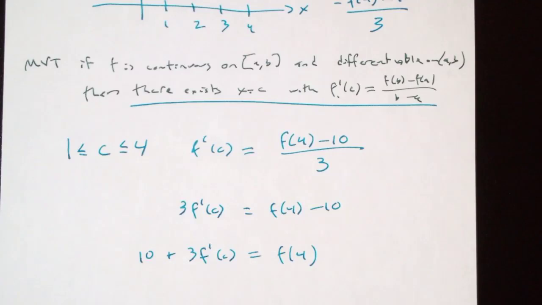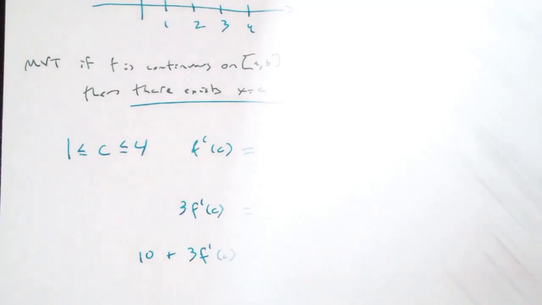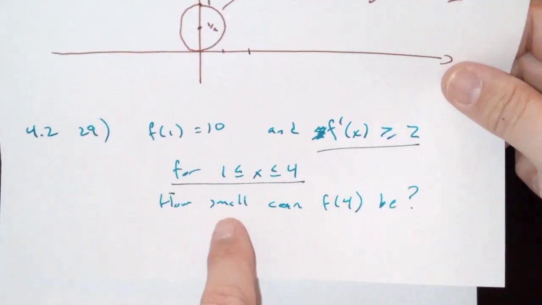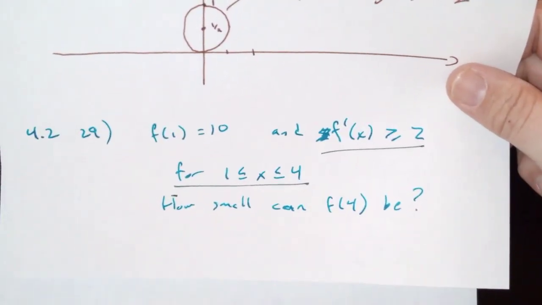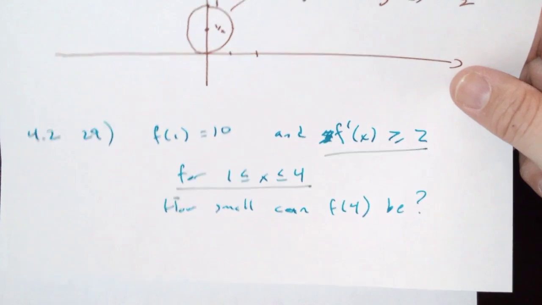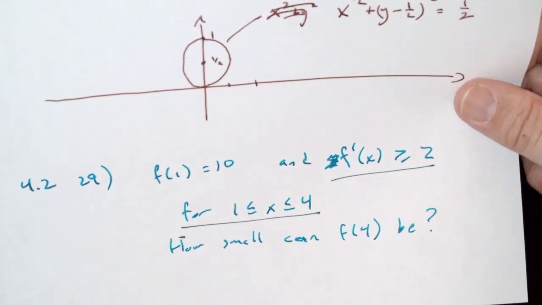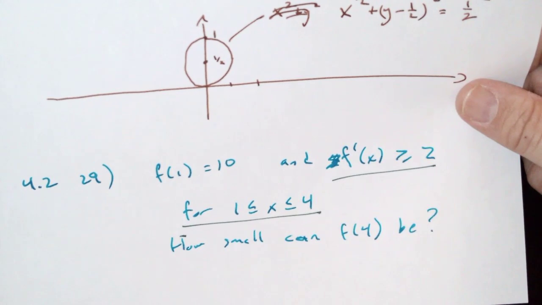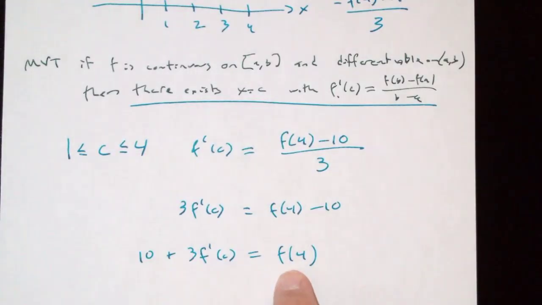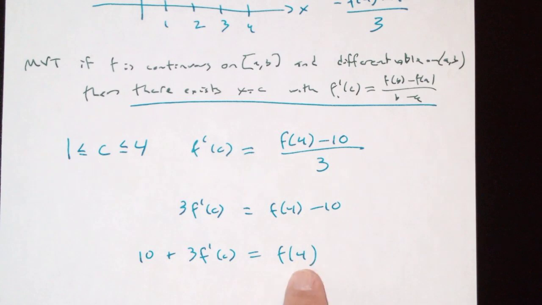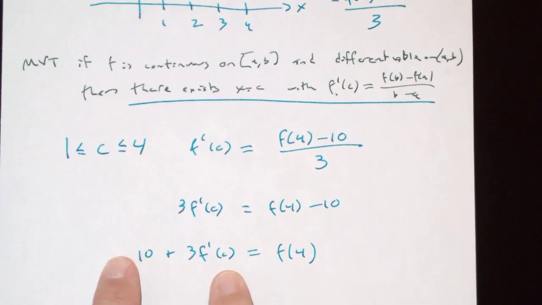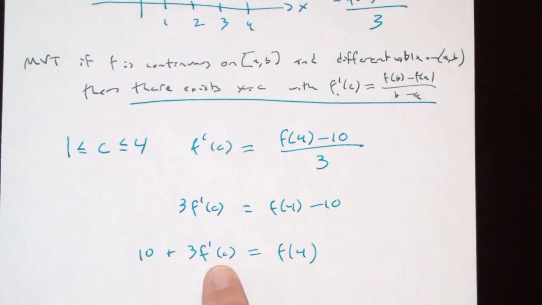Here's the magic part. How small can f of 4 be? I want to know a lower bound for f of 4. I want to be able to say f of 4 is greater than or equal to something. But I know f of 4 is exactly equal to this, but I don't know what this number is, do I?